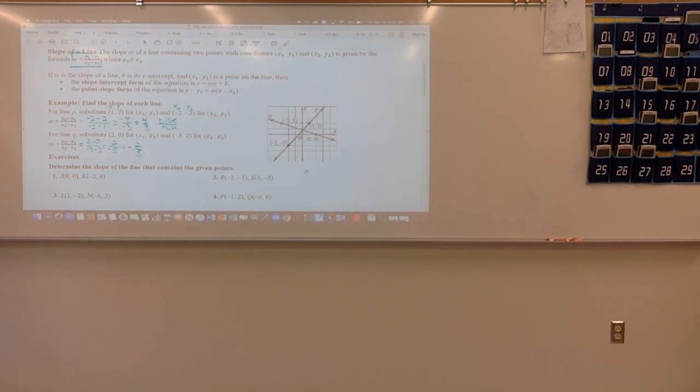So I think we should get negative 2 over 5 for the slope. I think we end up with 2 over negative 5.